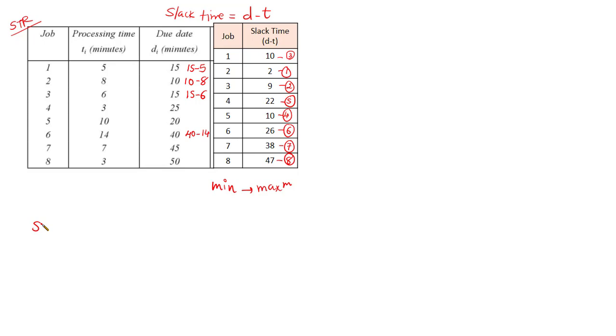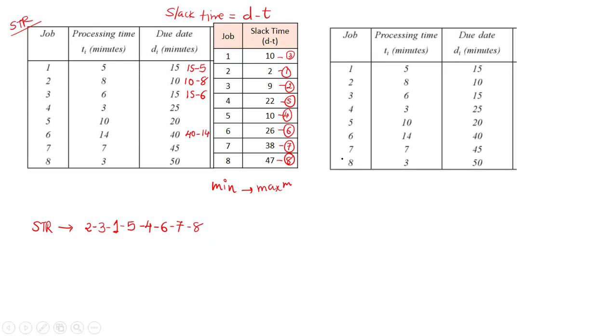So the sequence according to STR will be like this: 2, 3, 1, 5, 4, 6, 7 and 8.